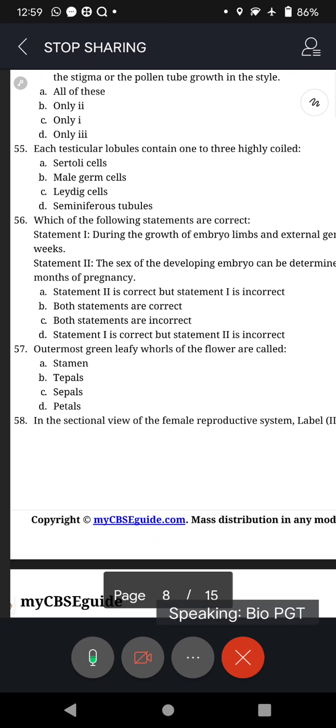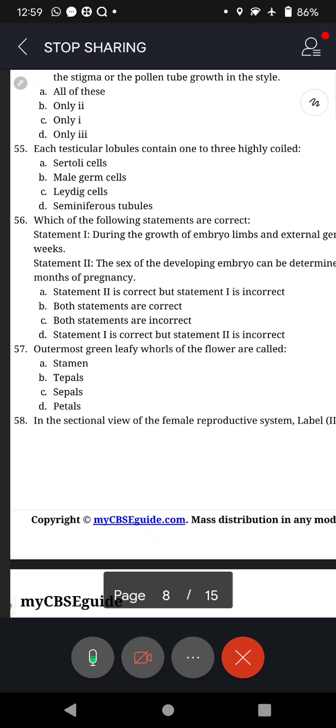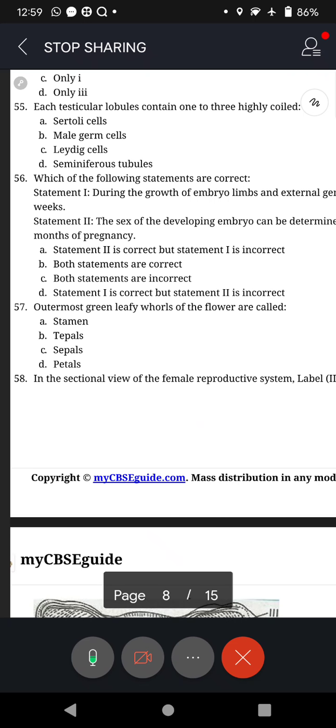Outermost green leafy whorls of the flower are called. Of course, this is easy for all. 6th class question. Answer is C. Sepals. So the outermost whorl of the flower is a greeny leaf structure called sepals. And what is that Prasad calls? Group of sepals? You are writing floral formula.